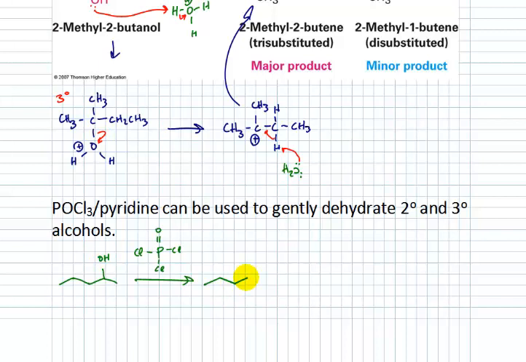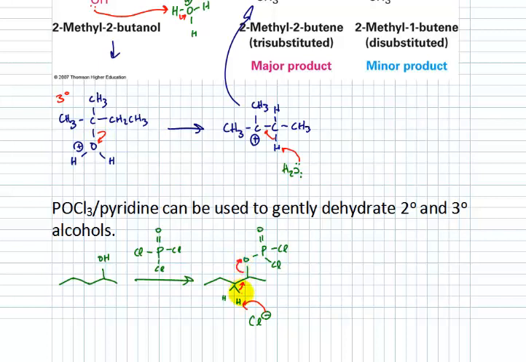So O, P double bond O, Cl2, which is now a good leaving group, and chloride. Instead of attacking and doing SN2, chloride will do E2 with this compound. So do that.